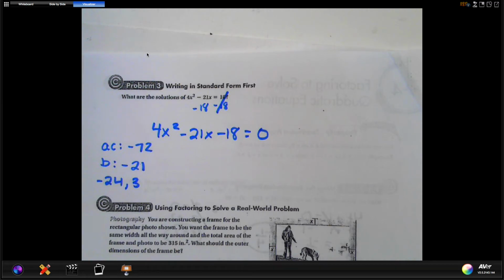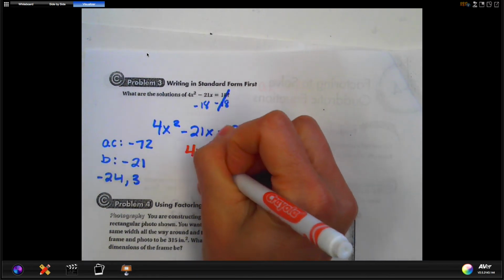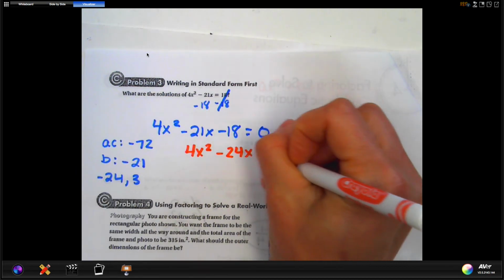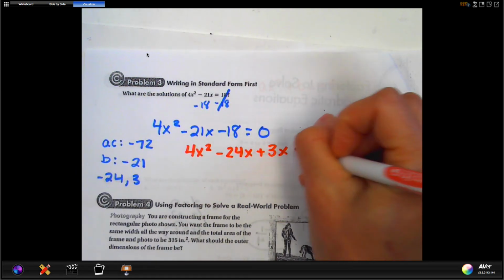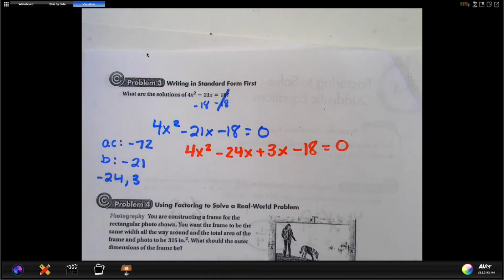Let's rewrite my equation now as 4x squared minus 24x plus 3x minus 18 equals 0. Then what do we do? Cut it in half. That's right.